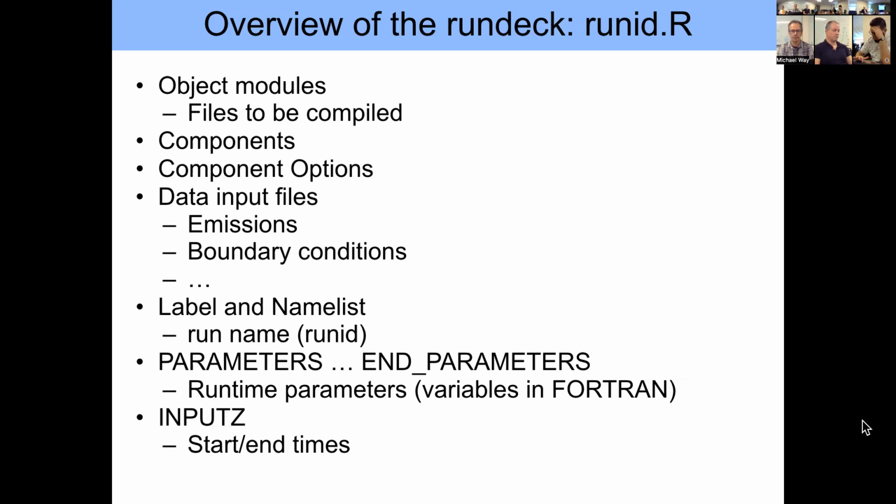And then the line under the label and name list contains a comment that will be included in all of your outputs. So if you are someone not like me, you should be updating this line to reflect exactly what the simulation is doing, and then you will have it in the output. I frequently neglect to do that. Frequently means always, but it's not the recommended action to take.